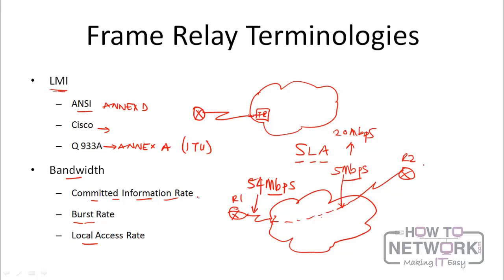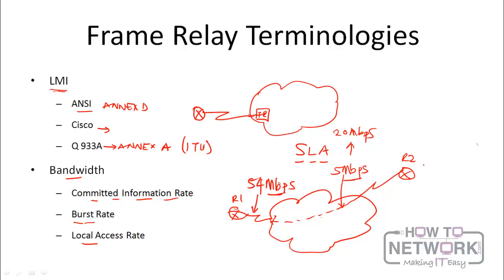So that's the maximum that you can ever get to. Because even if you buy, for instance, 155 megabits per second from a service provider, if you're using cables that only support 54 megabits per second, then your 155 megabits would totally be wasted. So you need to be familiar with what your local access rate is, but it's usually way higher than your committed information rate.